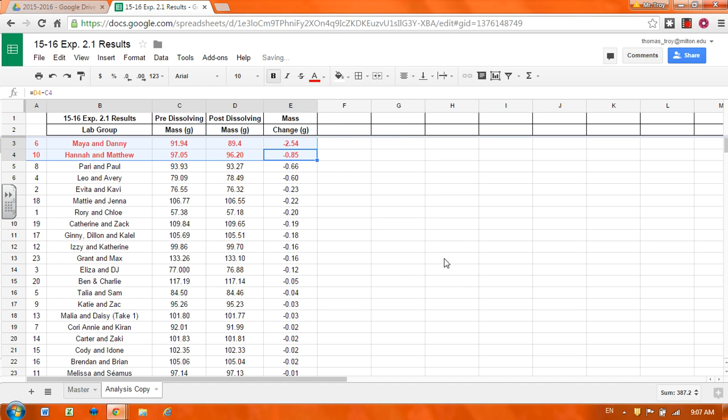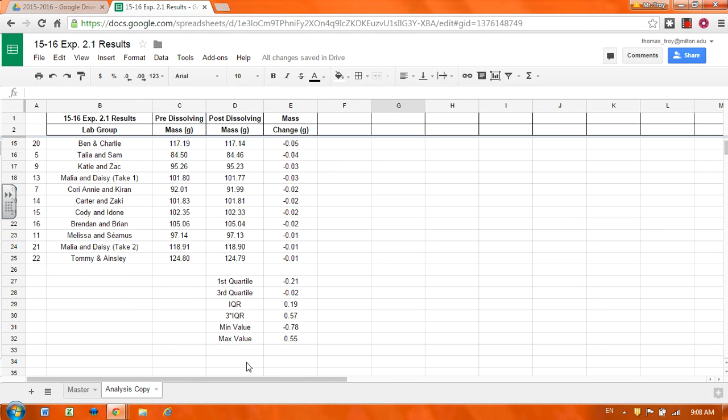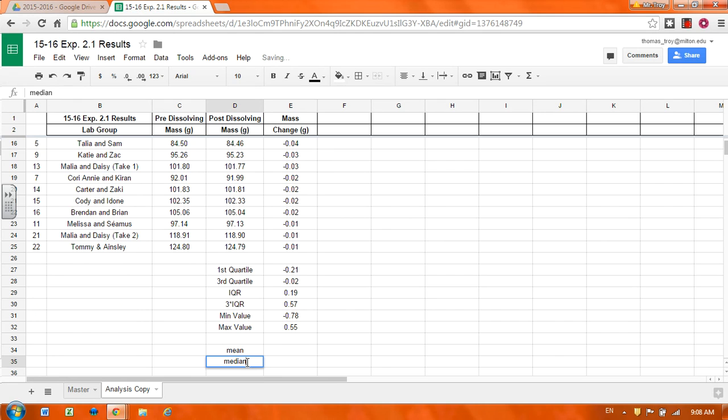So I will turn them red, which means don't pay attention, we're not going to include them in our analysis. Note that we cannot delete them and strike them from the face of the earth. They must stay in the data table. We just won't use them for our analysis. So when we calculate the mean and the median of our data, for example, we will only do that for the data we trust.